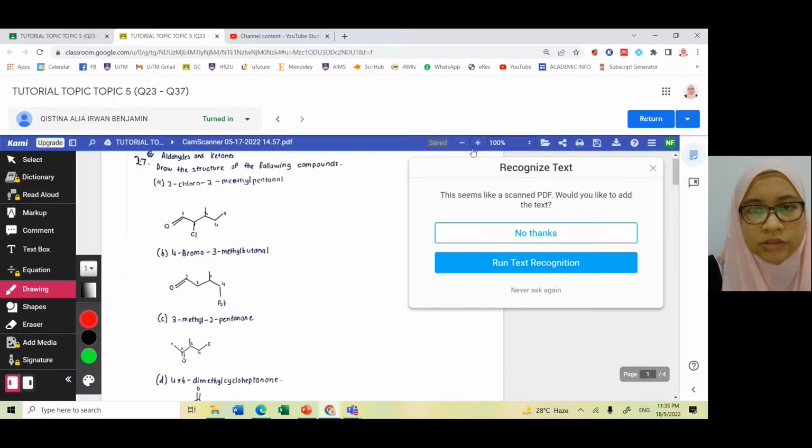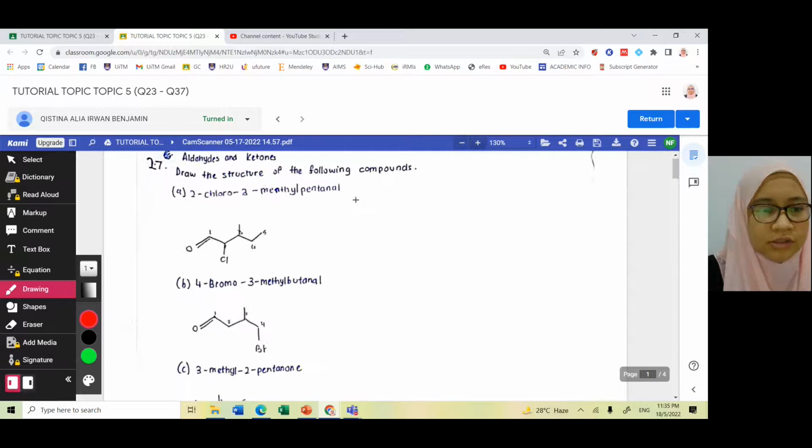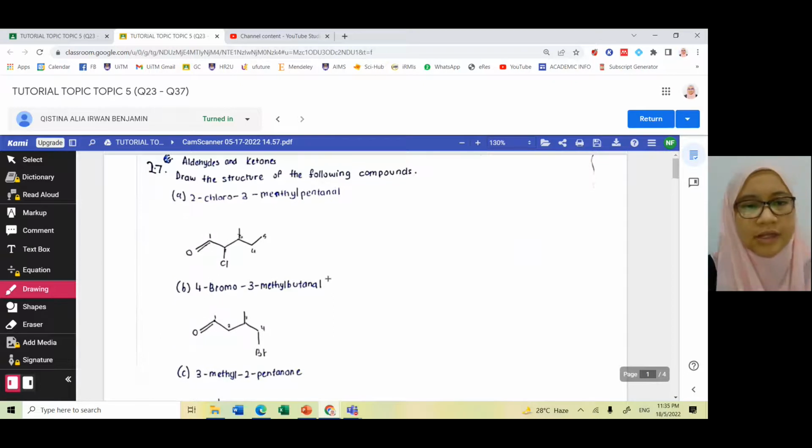Okay, we're going to start with question number 27. Aldehydes and ketones. Draw the structure of the following compounds. Given the IUPAC name of the compound, you have to draw the structure.